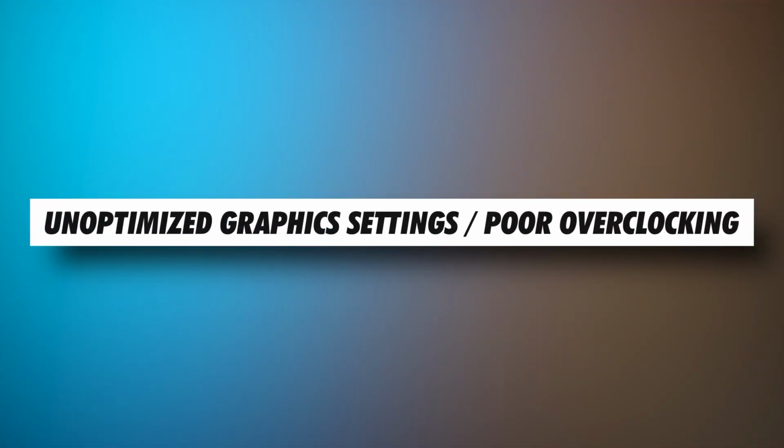Now if your in-game settings or your graphics settings are not properly optimized, or you are overclocking your PC too much, it will cause your hardware to heat up pretty quickly, resulting in poor performance in game and even in general use. To solve these problems of optimizing your graphics settings and overclocking settings, we need to understand that all motherboards are different, and all CPUs and GPUs are different.